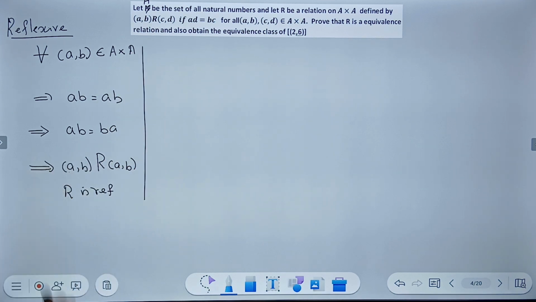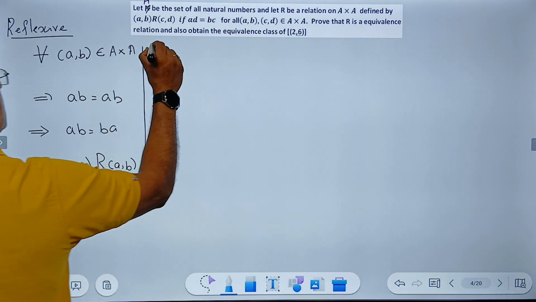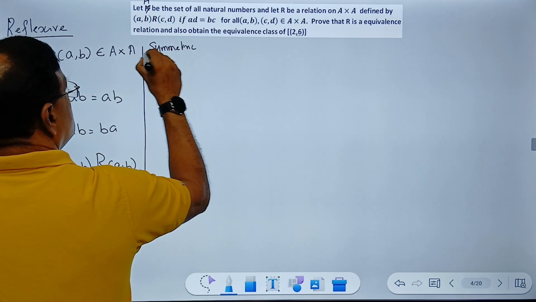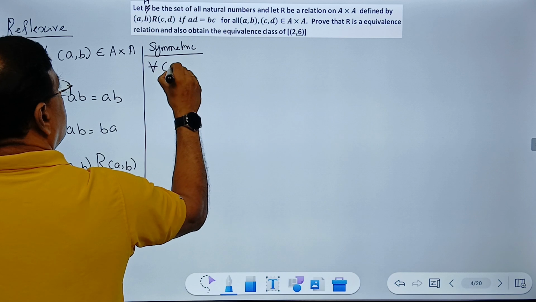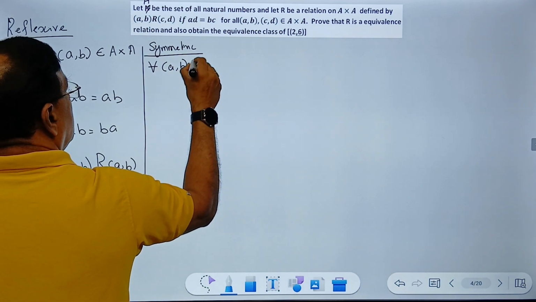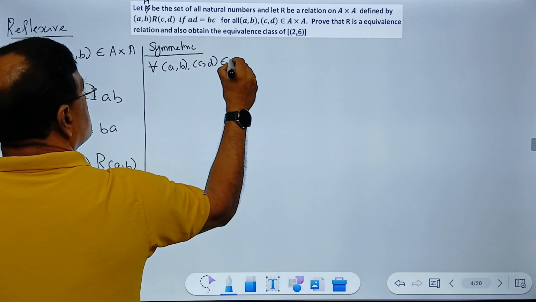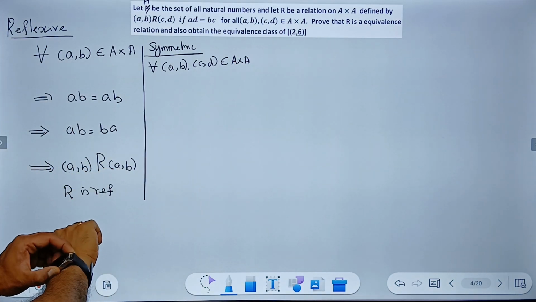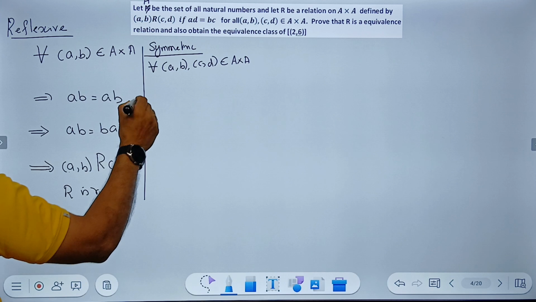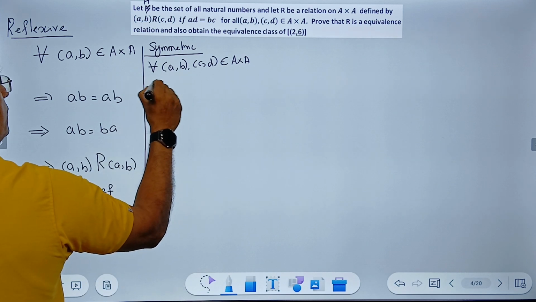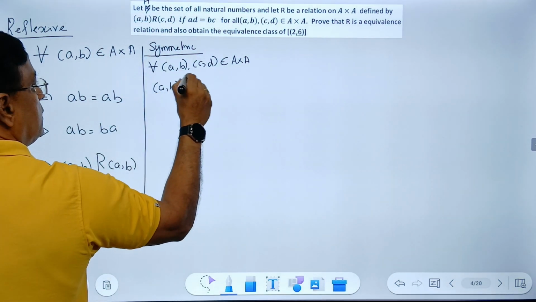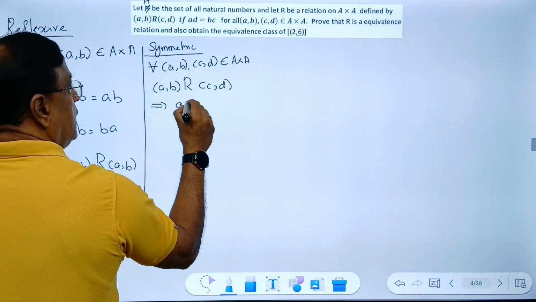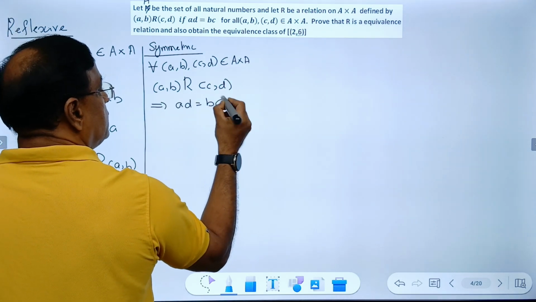Clear? Now let's go to symmetric. For symmetric, how many elements I should choose? I choose two elements. What are they? For every (A, B) and (C, D) belongs to A cross A, I have, if (A, B) is related to (C, D), this implies AD equal to BC. This is by definition.